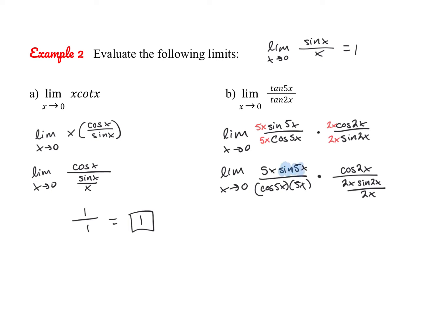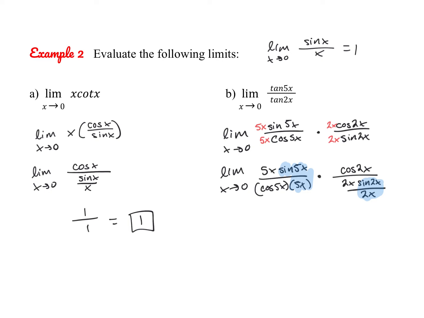So we know that the sine of 5x over 5x, as we evaluate this limit, this will approach 1, or this will equal 1. We know that right here, as we evaluate this limit, this will equal 1. And then we can kind of see what we have left over.